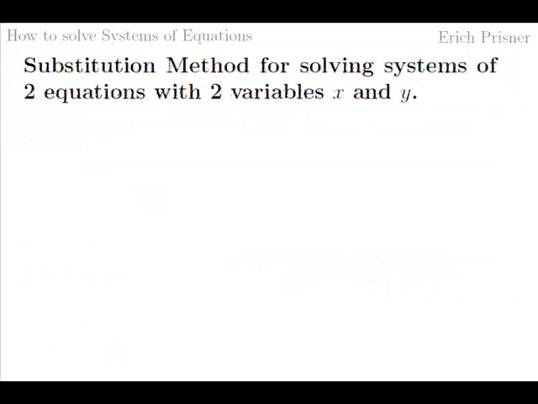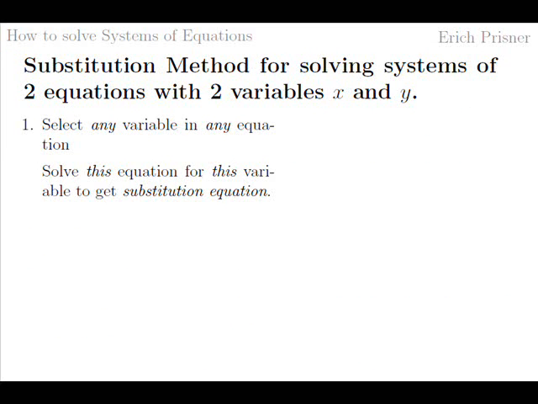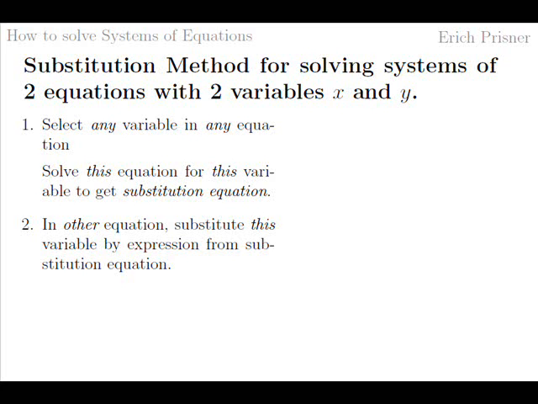So here is the substitution method for two equations and two variables. 1. Select any variable in any equation, say x in the first equation. Solve this equation for x. Call this the substitution equation. 2. In the second equation, substitute x by the corresponding expression from the substitution equation.